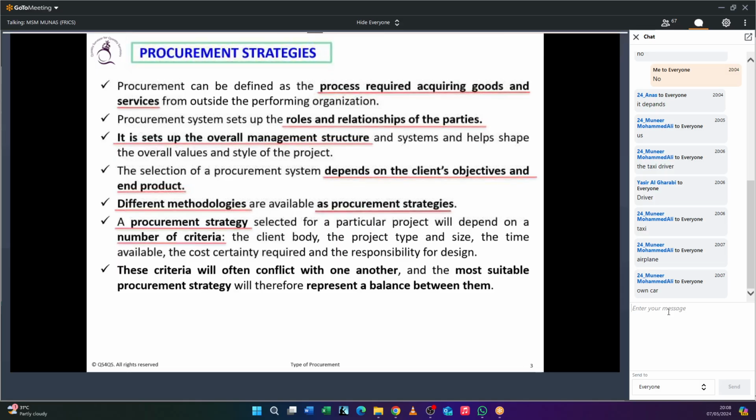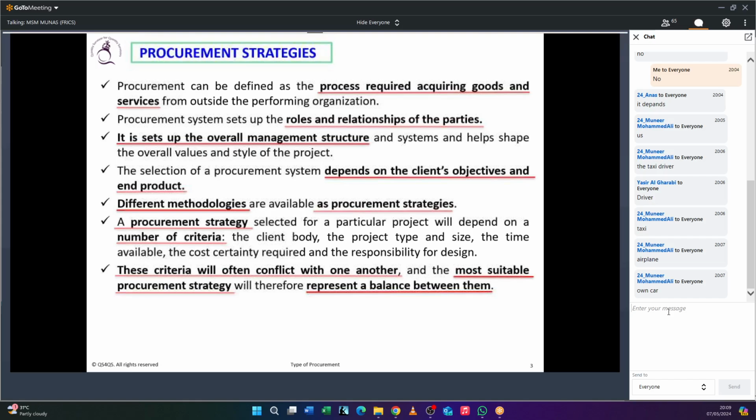Okay, sometimes you must compromise on one criterion or others. Okay, so you have to balance them, or sometimes you have to give priority to some criteria compared to others.